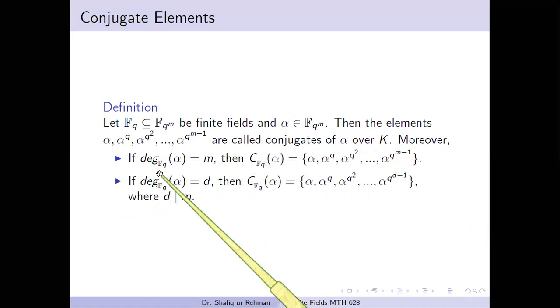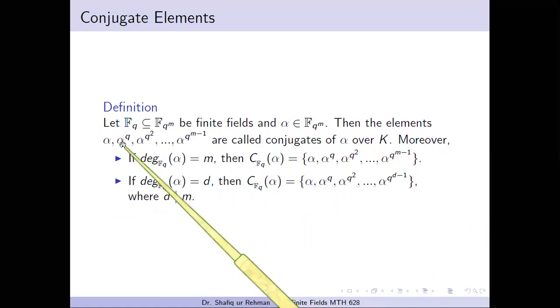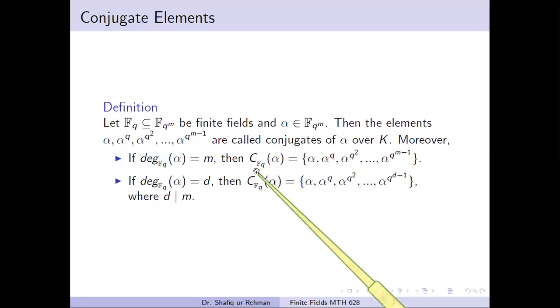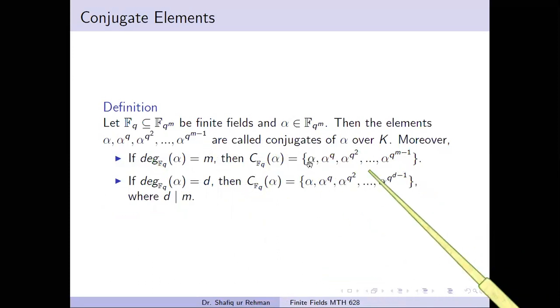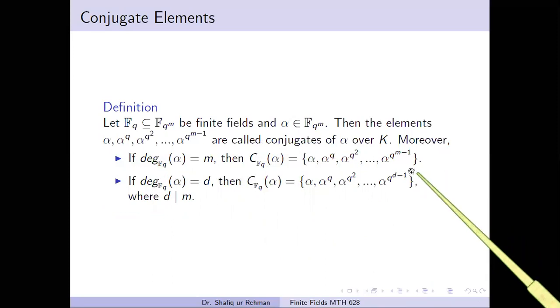Moreover, here the degree is important. If the degree of the minimal polynomial is also m, then these are all distinct, and we get this complete set of all the conjugate elements.